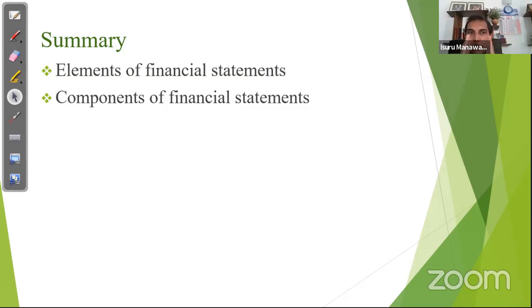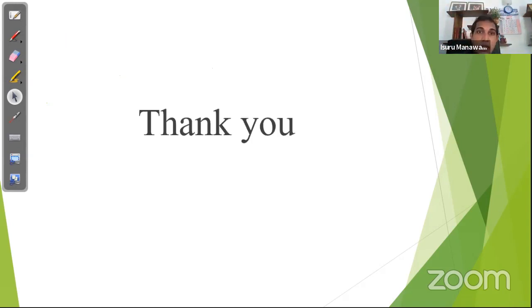Elements: asset, liability, equity, income and expenses. Components: first, statement of profit and loss and other comprehensive income; second, statement of financial position; third, statement of changes in equity; cash flow statement; and last, notes to the financial statements. Thank you very much. If you have any questions, you can ask.